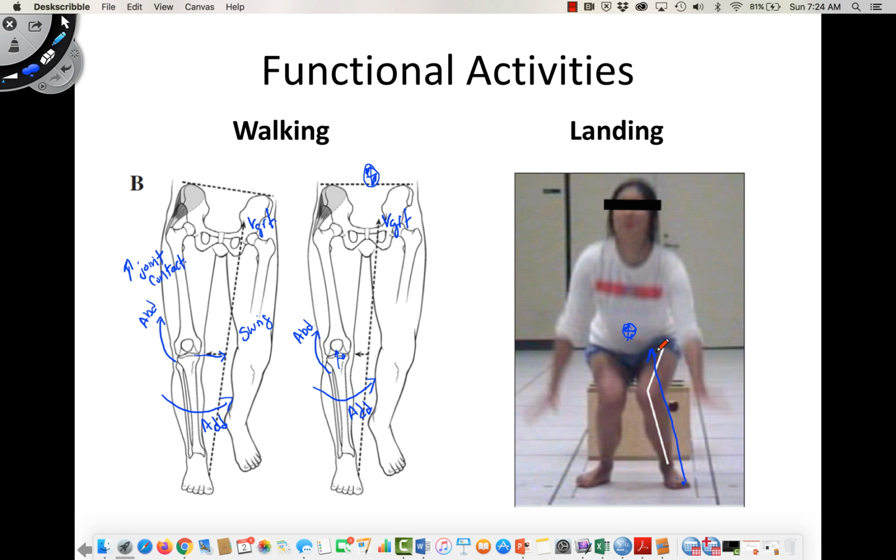So if we imagine the ground reaction force here, so that's our vertical GRF, it could pass lateral to the knee joint. So here's the knee joint here. So it's lateral. So in this case, the ground reaction force would be causing an abduction or valgus external moment. And then what we would need internally is a varus moment or adduction moment to oppose the external load.